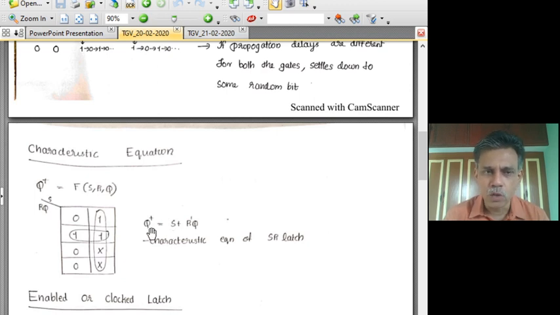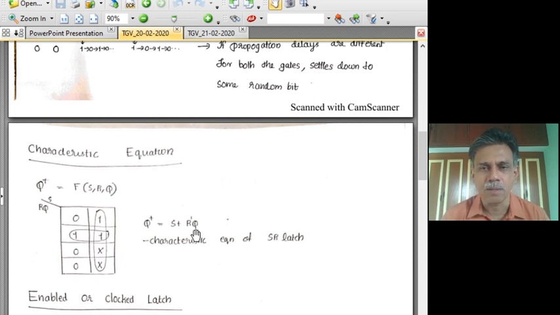By the way, what is Q plus? It is the next state of Q, Q after the latch has settled down. So if you know Q at the time t, after a time epsilon, which is the time it takes for the latch to settle down, the Q at the time t plus epsilon is what we are deriving.